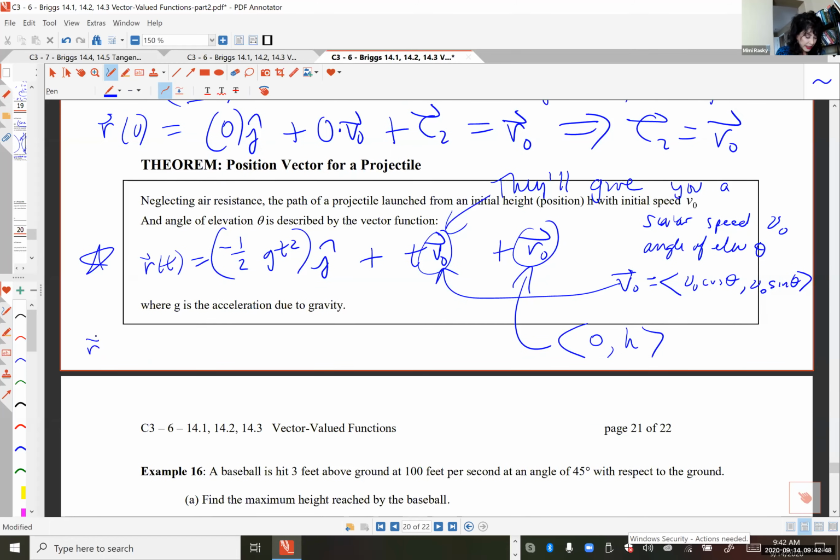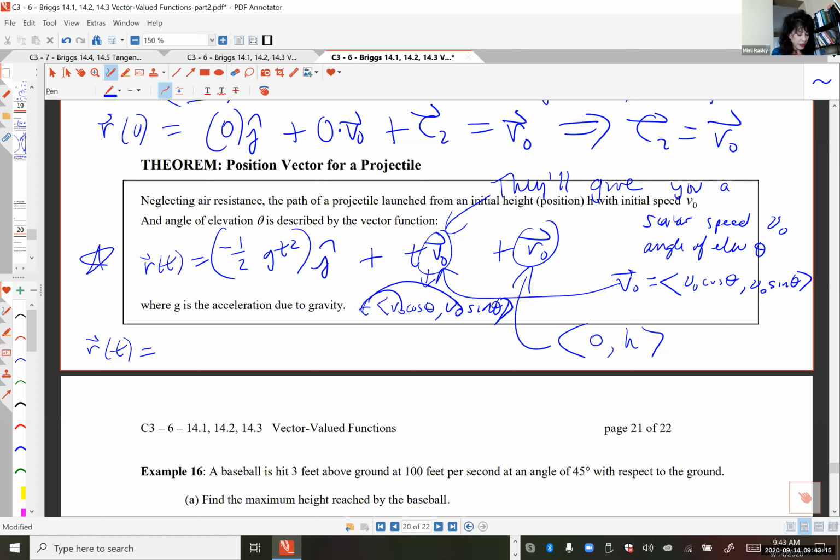So when I rewrite this and put all the components in the right place, I'm combining all the i hat and the j hat terms, because this term here is going to look like t times v naught cos theta, v naught speed sine theta, and then you're going to distribute the t.